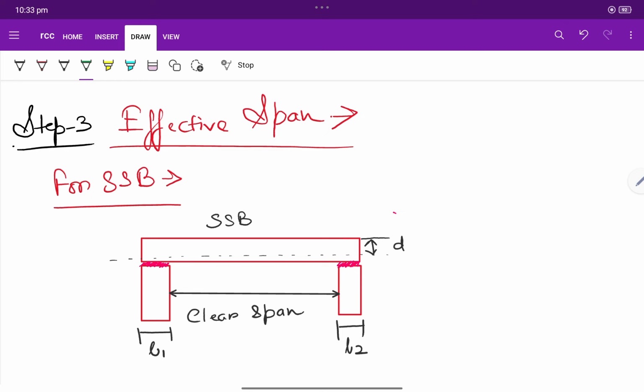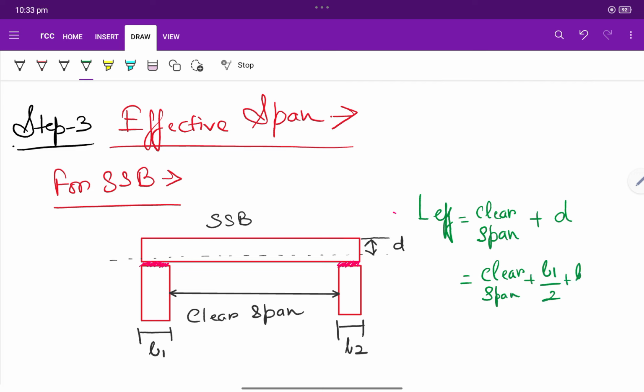So the effective span for the simply supported beam will be L effective, which will be the clear span plus effective depth, which we write as small d, or the clear span plus B1 by 2 plus B2 by 2, whichever of these is minimum.